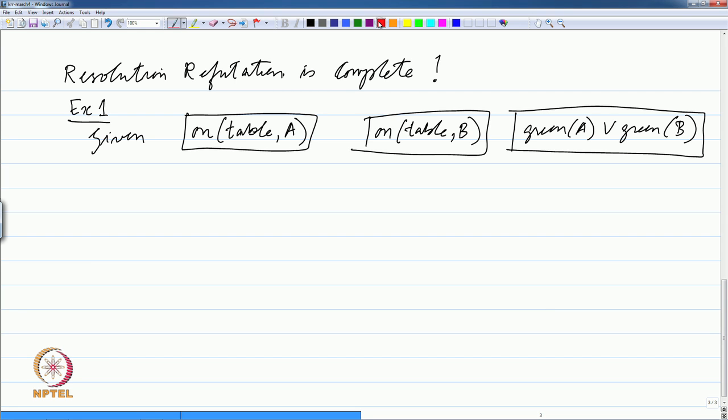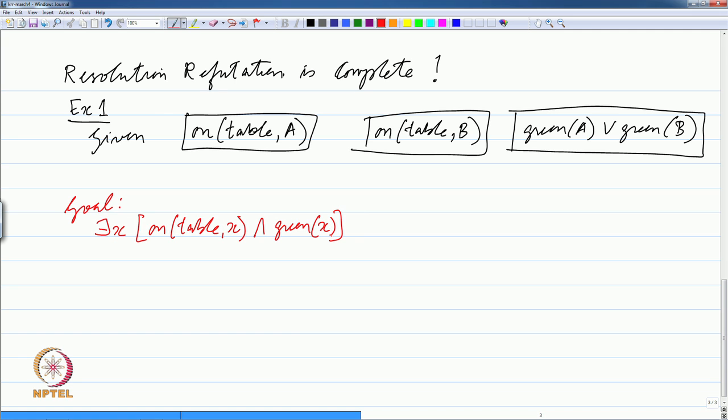and the goal is that there exists x on table x and green x.